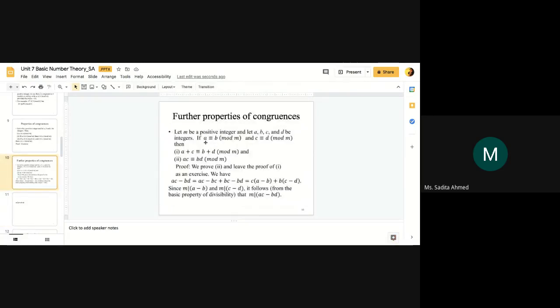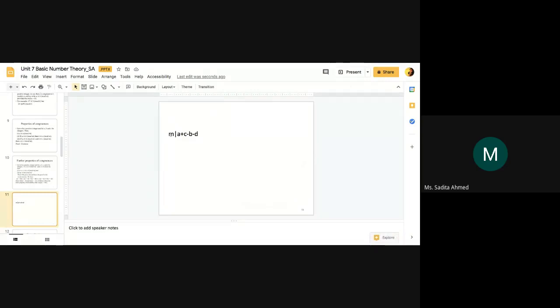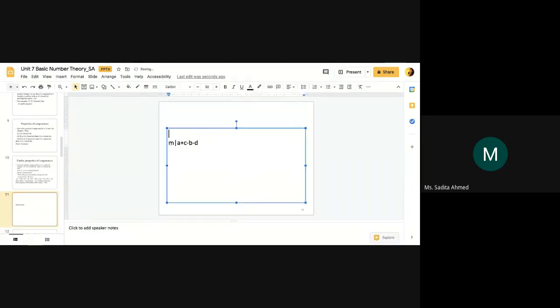We are allowed to assume that A minus B is divisible by M, C minus D is divisible by M. That is, we are allowed to assume that M divides A minus B, and M divides, what was it? C minus D, right? We're allowed to assume that. Now, this is what we have to prove.